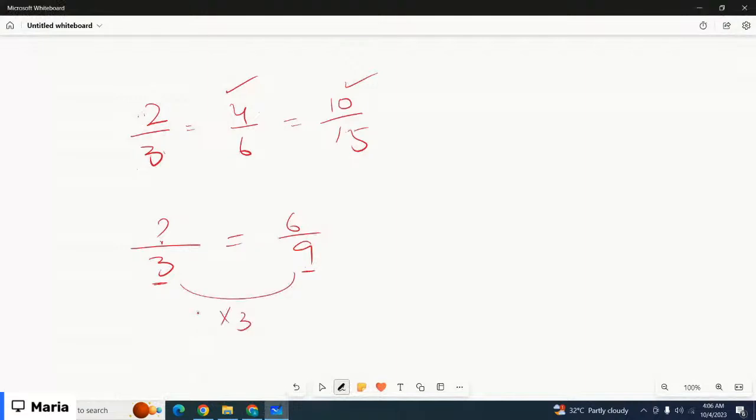That means the missing number, when multiplied by 3, makes 6. What number times 3 is 6? 2 times 3 is 6. That means the missing number is 2, because the whole fraction must be multiplied by the same number. Very good. The correct option is 2.